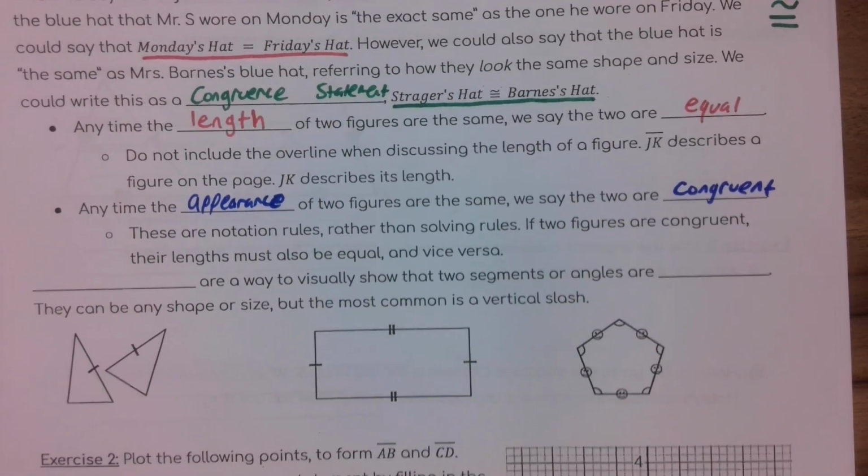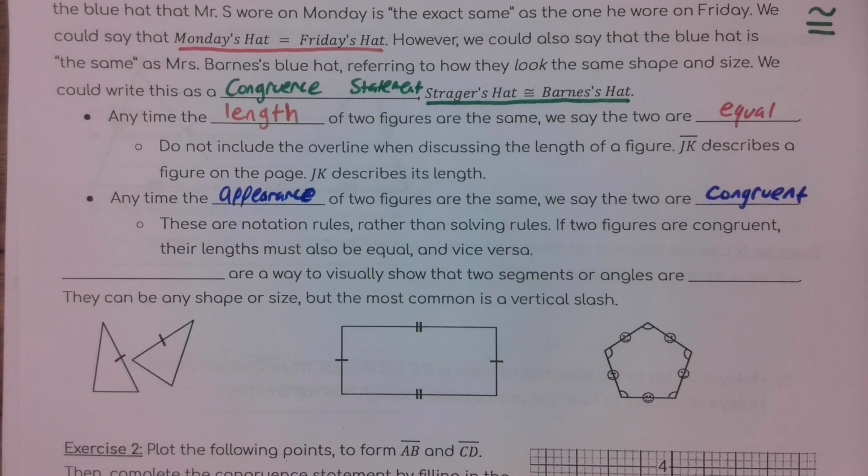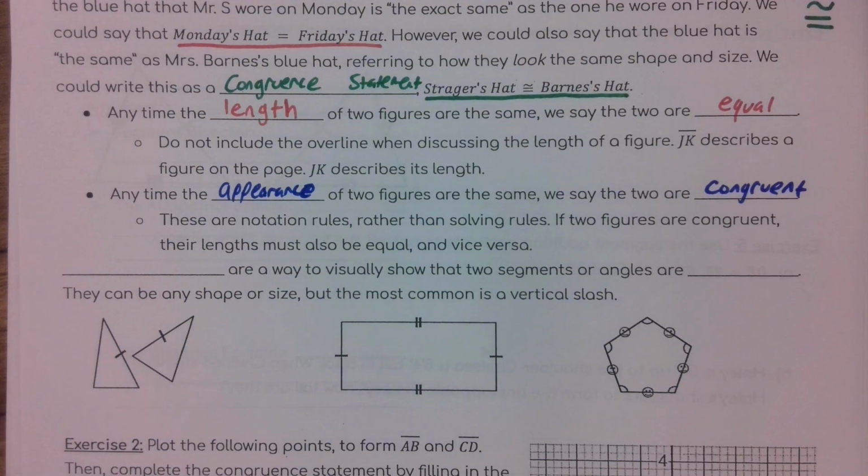Let's flip the page once again. We're going to talk about, well, first off, let's talk about this last little bit and these shapes down here. Let's say we wanted to visually show that two things are the same. Again, if we're talking about two figures that are the same, two drawings, two diagrams, we would use a congruent mark.